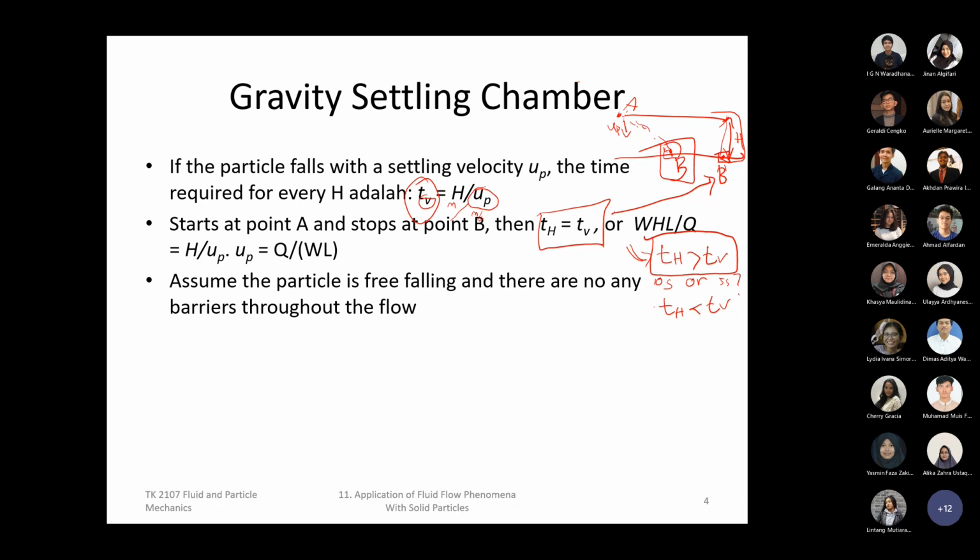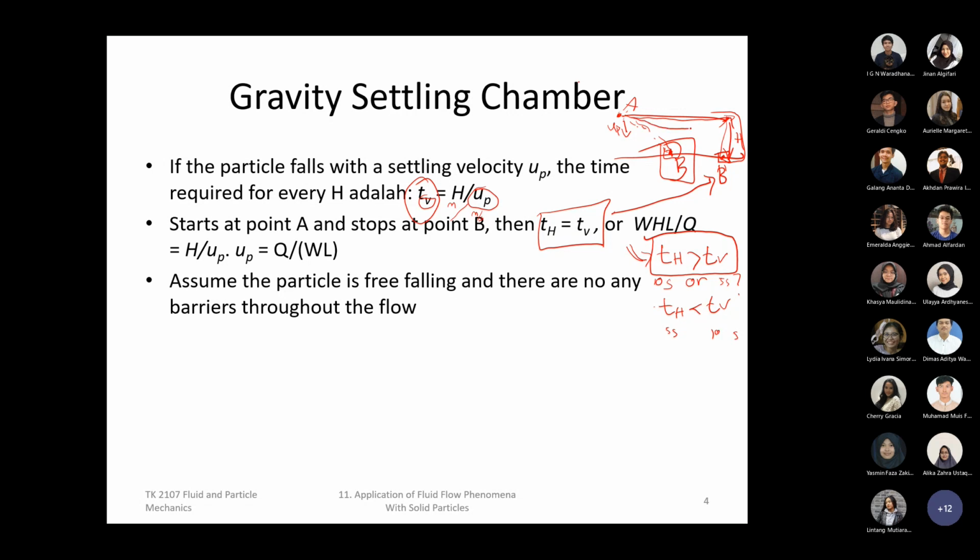This is actually good for our purpose. Why? Because now it already settles before it reaches the end of the chamber. Not the other way around. This is not a good example: if we only need 5 seconds for particle A to get to the final end of the horizontal chamber, but it requires 10 seconds before it settles to the bottom of the chamber.